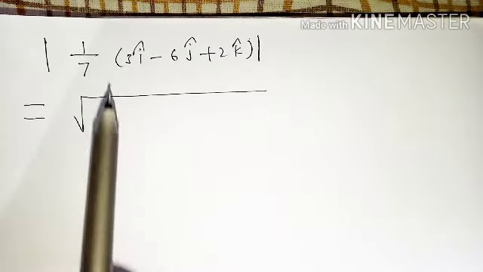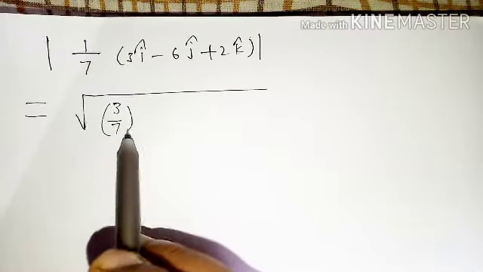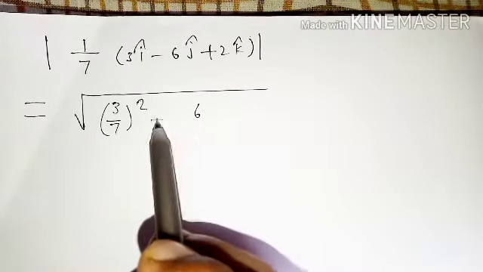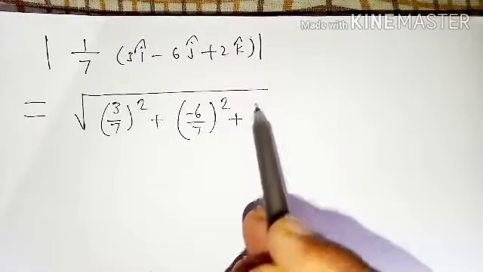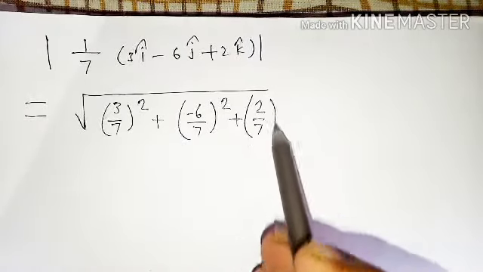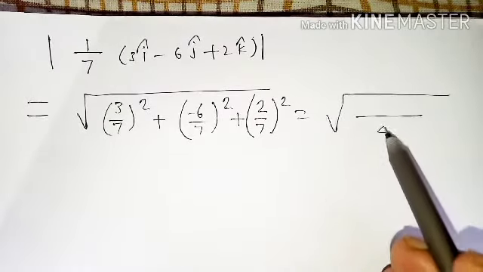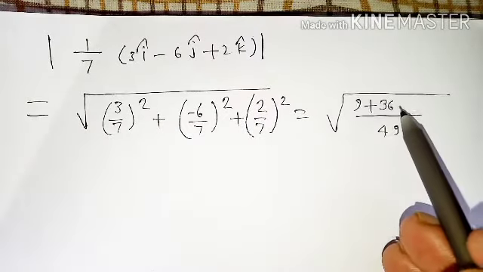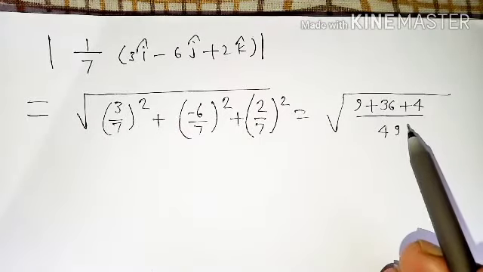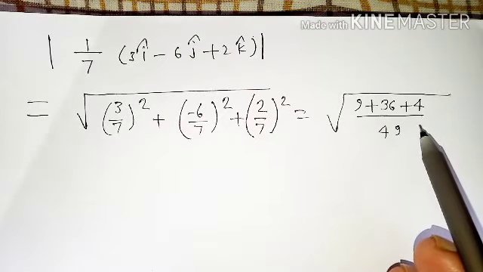Now this magnitude is (3 by 7) whole square plus (minus 6 by 7) whole square plus (2 by 7) whole square. So this is equal to, if we take LCM 49, above 9 plus 36 plus 4, 9 plus 36 is 45, plus 4 is 49, 49 by 49 is 1.